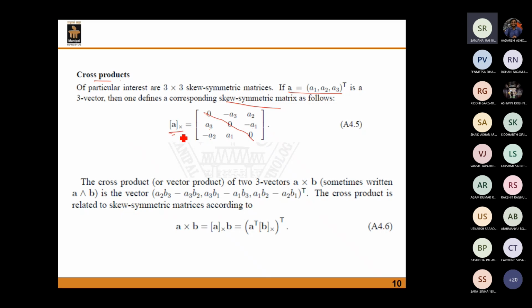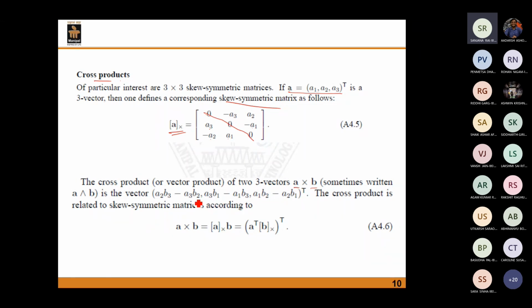This skew symmetric matrix is important because we use it to calculate the cross product. When you are given two vectors A and B and you try to calculate A cross B, these would be the elements present in the final cross product.